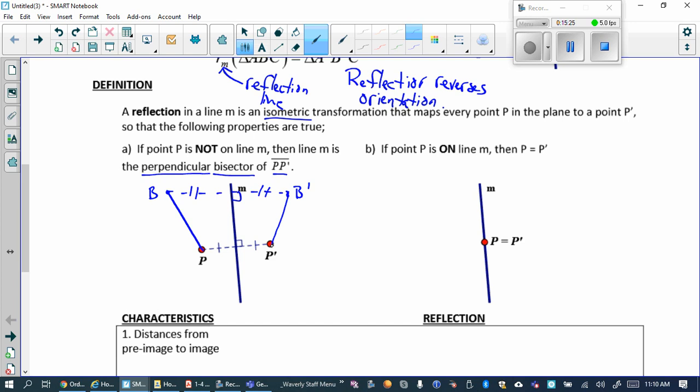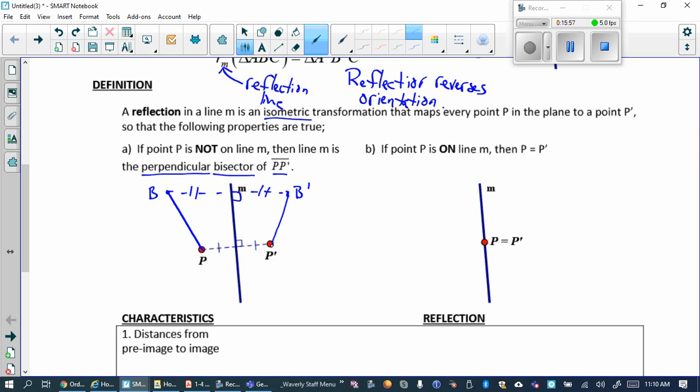But what if point P that you're reflecting is on the line? What if the point you're trying to reflect is actually on the reflection line?